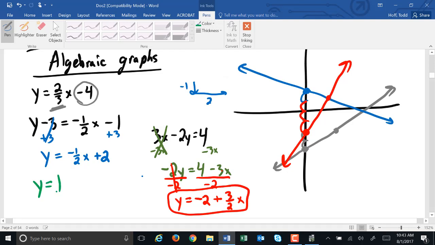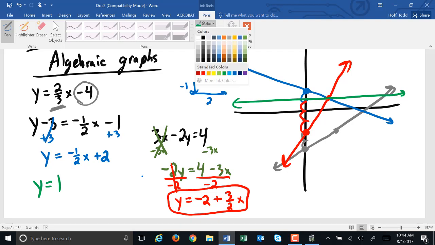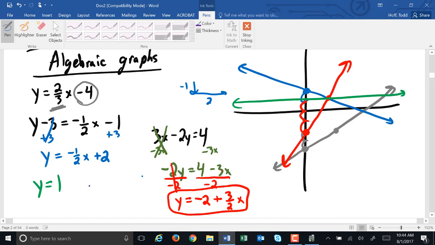How would I graph y equals 1? Very good. You go up 1 and there's no slope, so it's a flat line. How would I graph x equals negative 3?